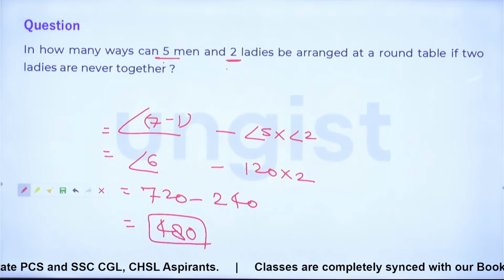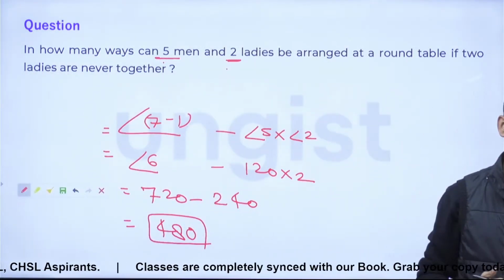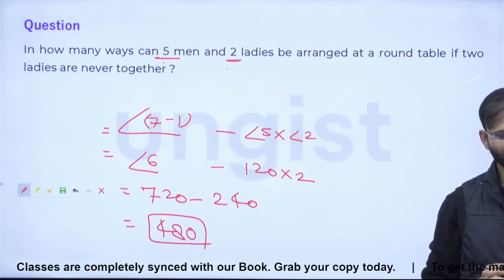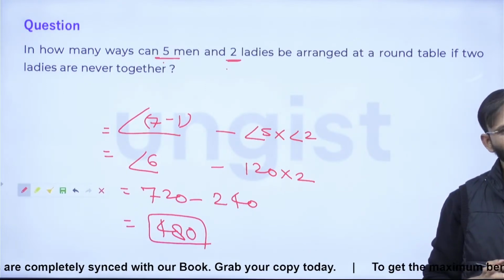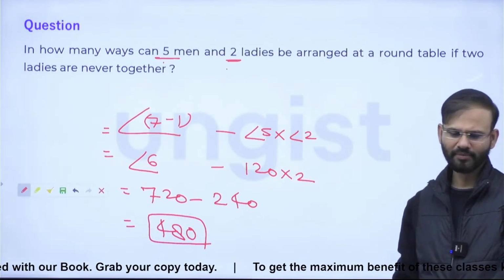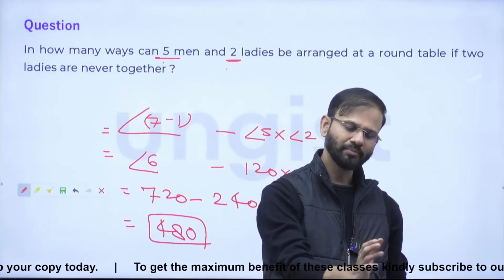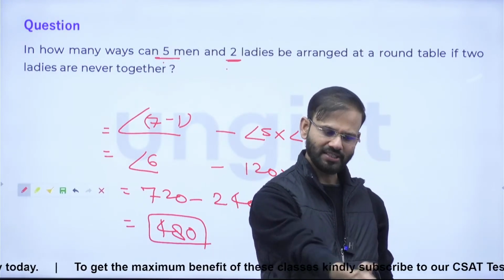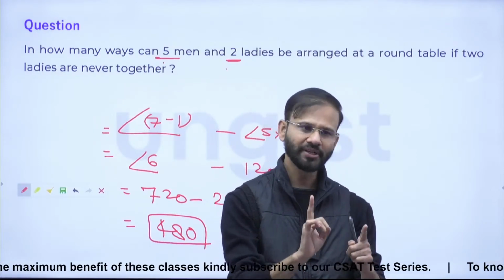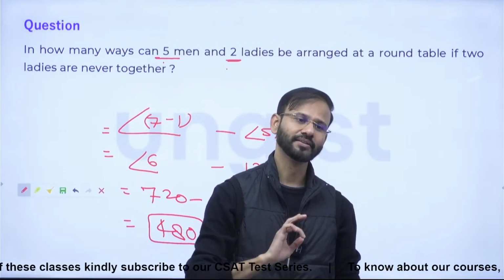And what happened? Any doubt? Please. If we are clamping those two ladies in a single unit, so it should be counted as 1. So why are we doing into 2 factorial? See, they are together, but let's say Vimy is sitting with Chehak, right? So they are sitting together, but if this is seat number 1, this is seat number 2, right? So if Vimy is sitting here, Chehak is sitting here, this is one arrangement. And if Vimy is sitting here and Chehak is sitting there, so this is another arrangement, right?